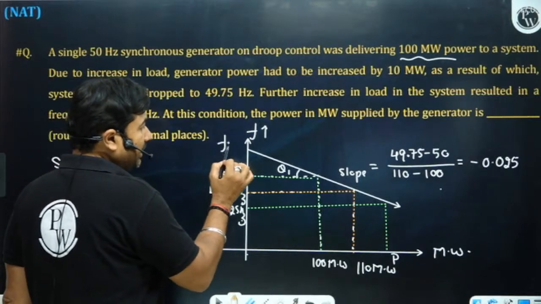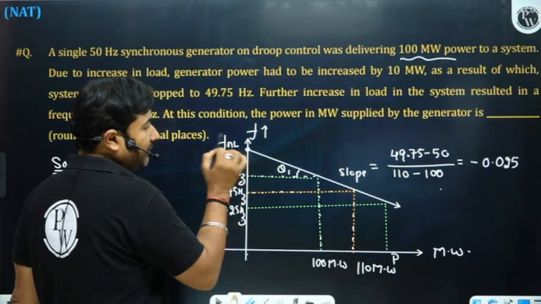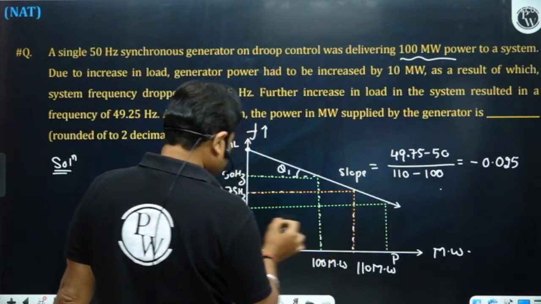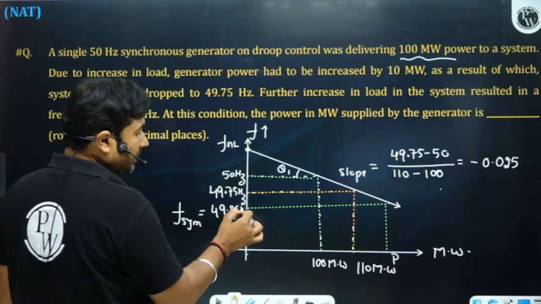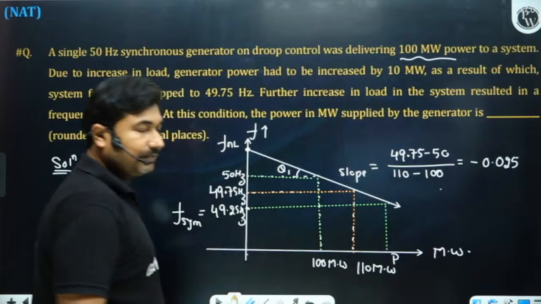Now suppose we have a no load frequency FNL, and this is the system frequency F of the system. Now it is operating here.